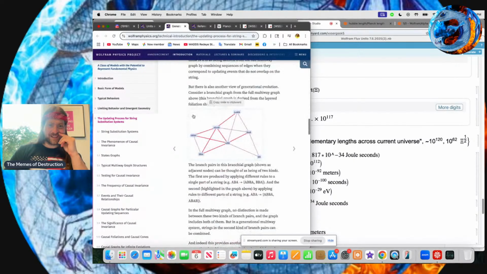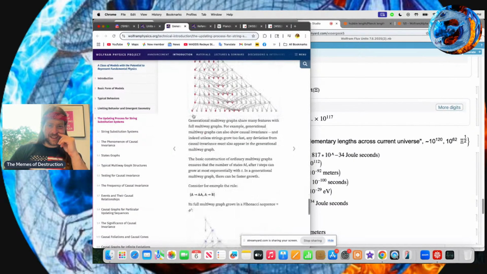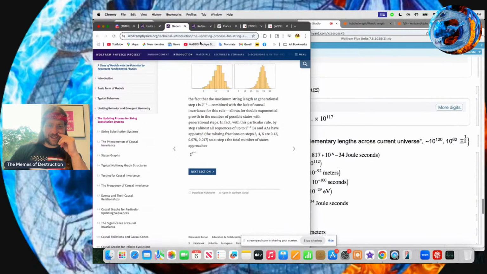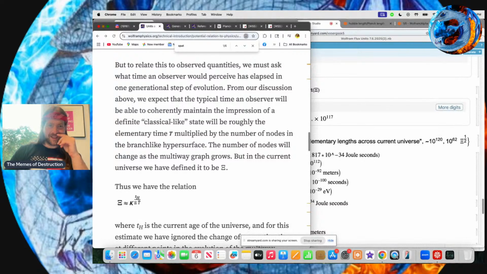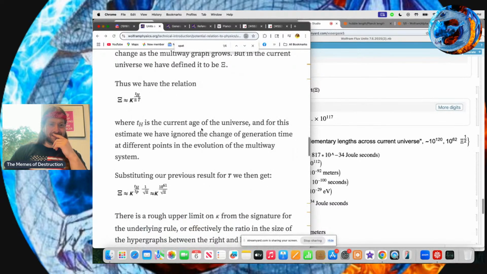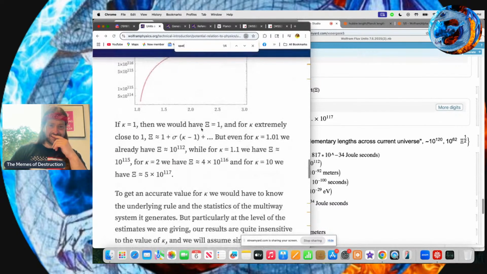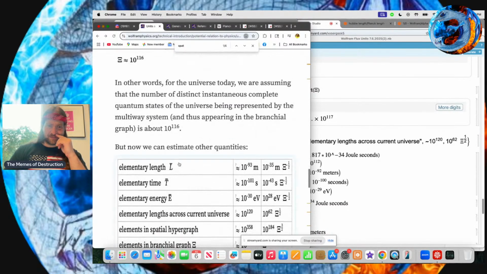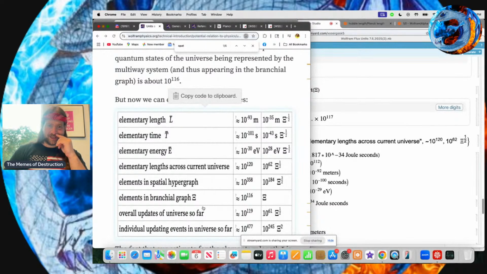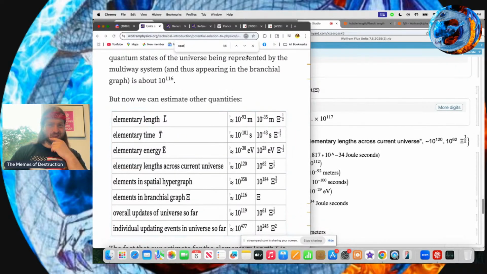Generational states. I looked through this yesterday. Yeah. Estimate other quantities. Elements in spatial hypergraph. Huh.